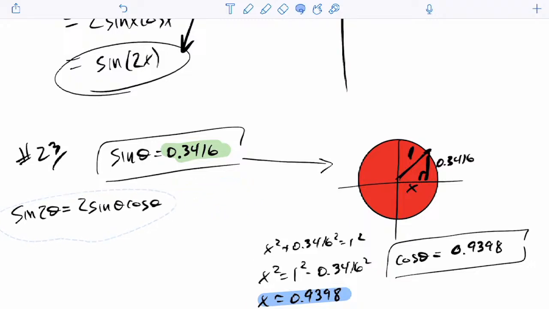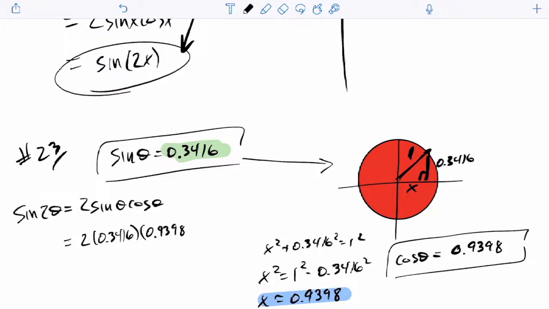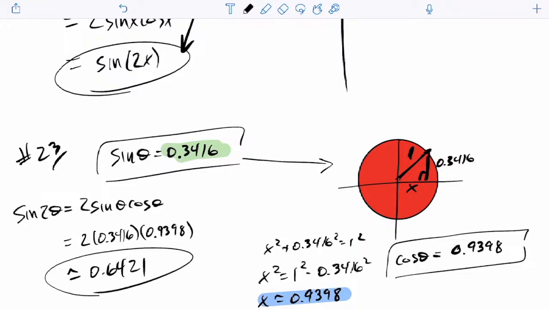So now that I have my cos, I can just sub it in. 0.3416 times 0.9398 times 2, and I can get my values here. 0.6421 approximately.